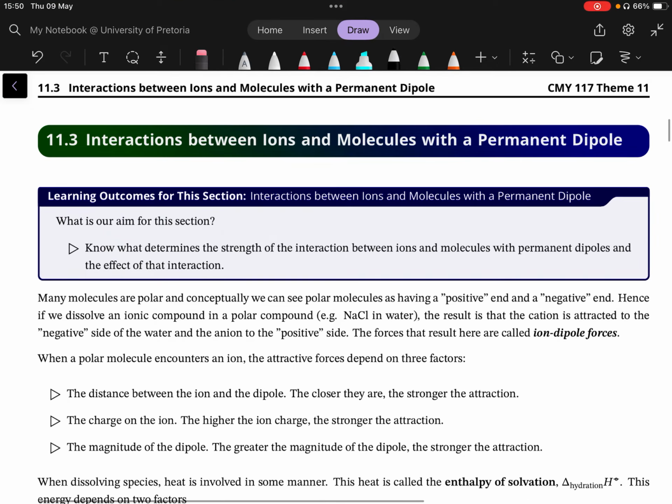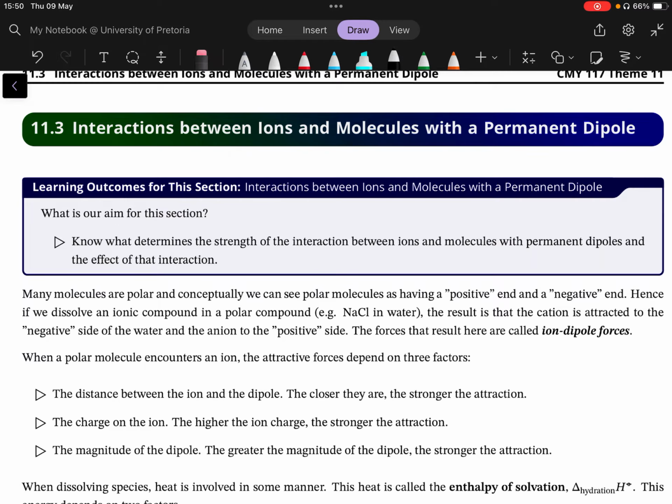Right, so let's start with molecules with a permanent dipole. These are going to interact with dipole-dipole forces in some manner. And where we place ions in them, if you have a molecule with a dipole, it's going to favor a specific kind of charge.